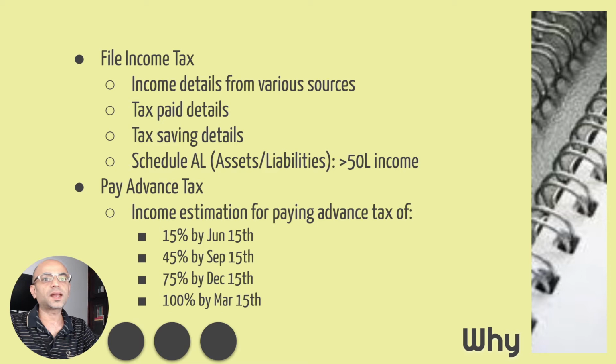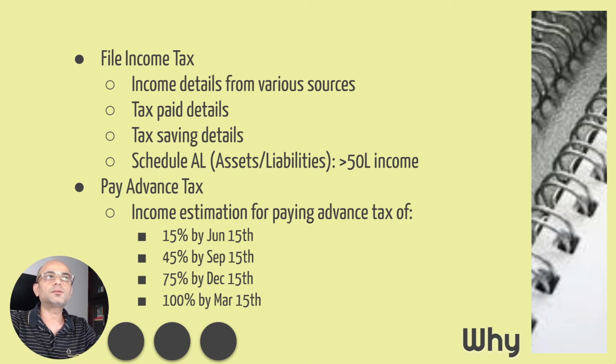If you don't track it periodically, then it will be a huge task at the end of the year. And also to pay the tax, if you have only salary as the income, then most of the times it will be covered through TDS.